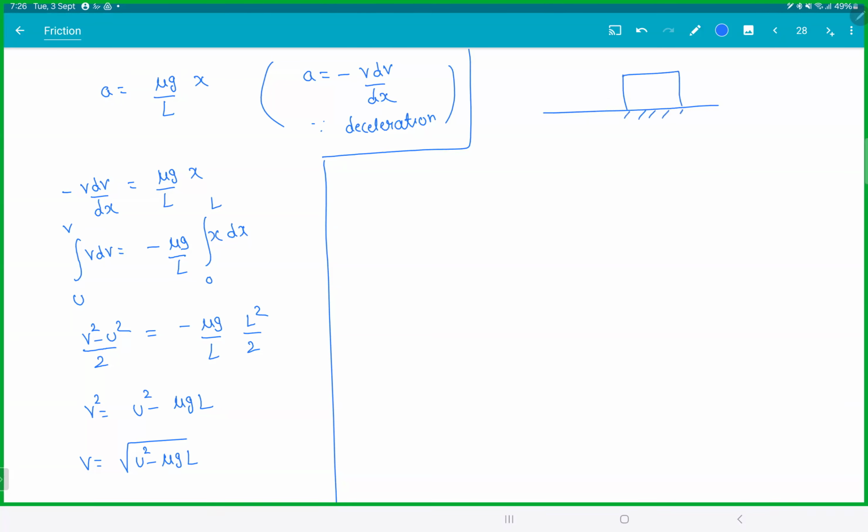The block has completely entered the rough surface. Then the speed is v, just after completely entering. Now that it has completely entered, we have to draw a new FBD.